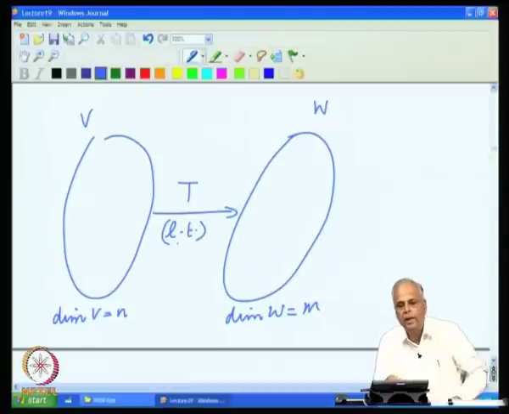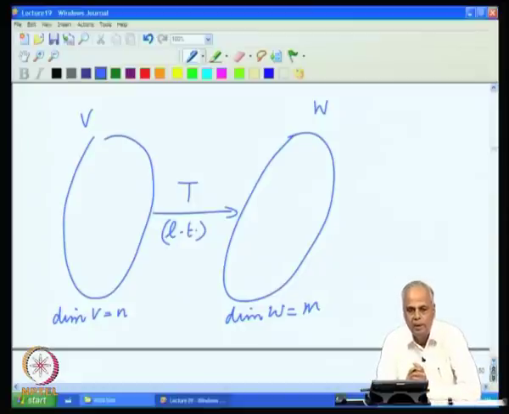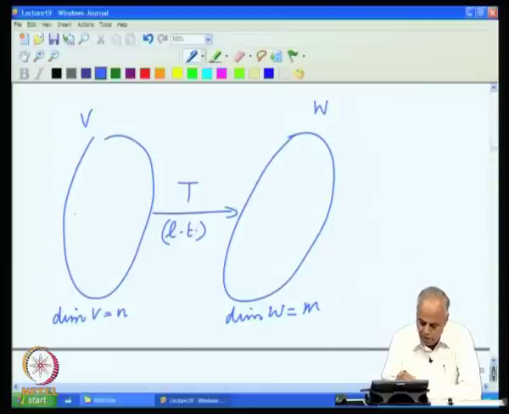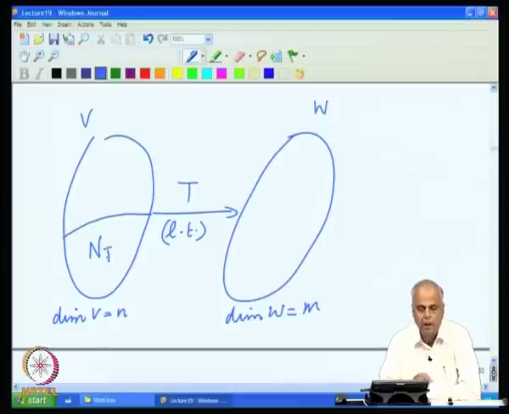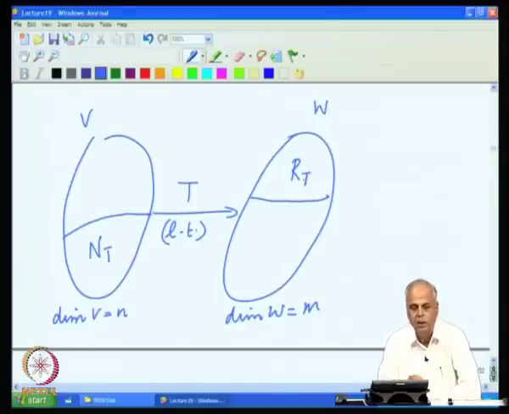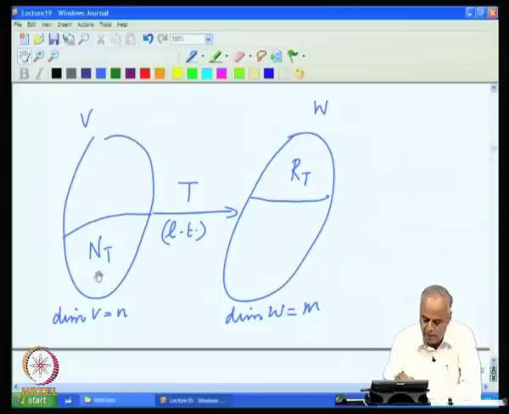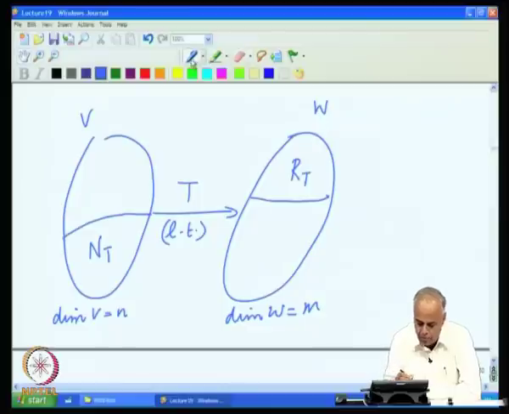So, I have two finite dimensional spaces and I have a linear transformation T from V to W. Now, we have seen one subspace of V which is connected with T, namely the N T, and we have seen one subspace of W which is connected with T, namely range of T, and this N of T is a finite dimensional subspace of V and its dimension is called nullity, and that is denoted by nu T.